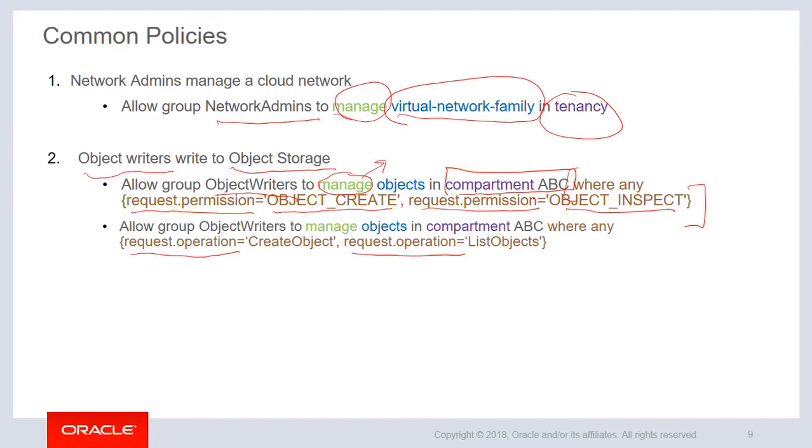The variable can be on the permission, or it can be on specific API operations. If I have to pick the one I prefer, you always go with request.permission, because in the future, if a new API gets added into the same permission, you don't have to change your policy. If you use operations, it's very granular, and if a new API is added, you will have to go and write that policy again.